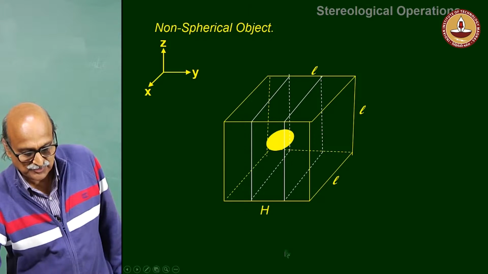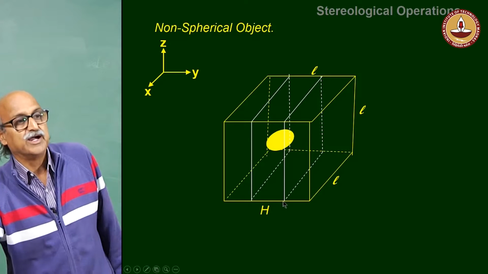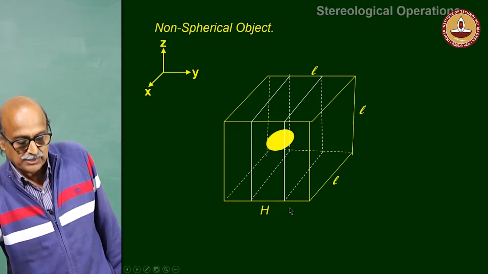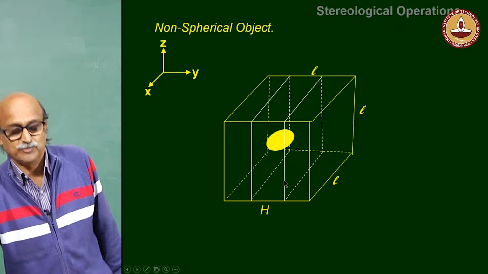This h is what we call the tangent diameter of this object, which is the distance of separation between the two tangent planes.